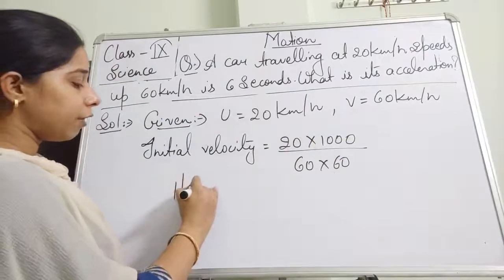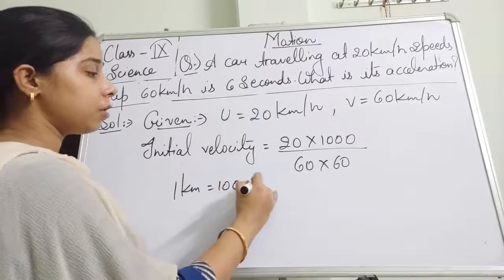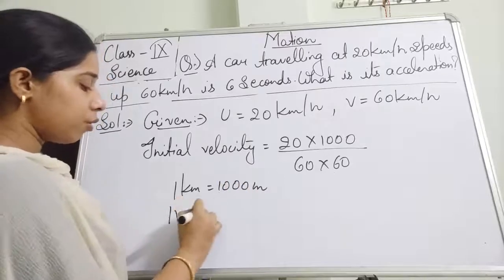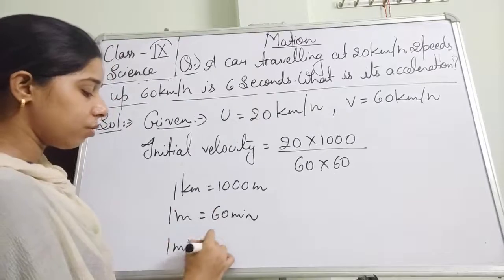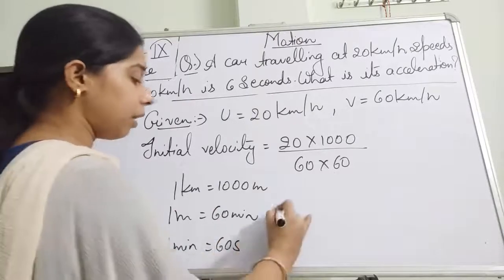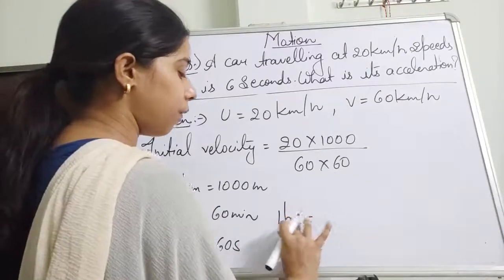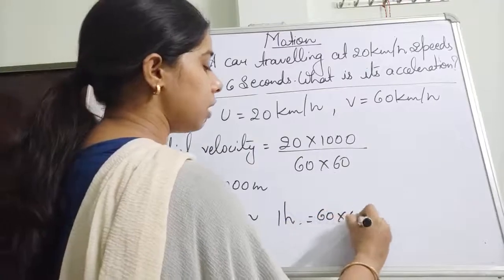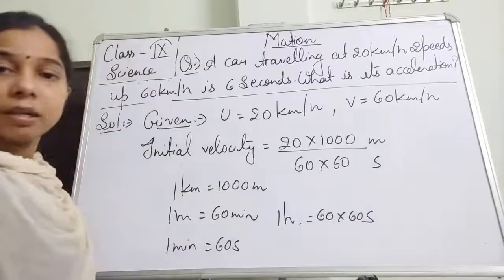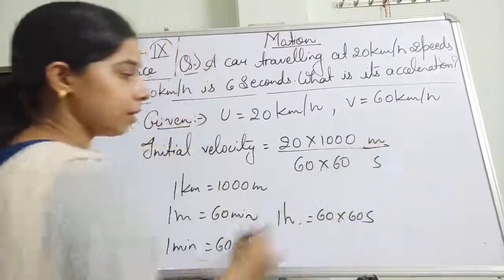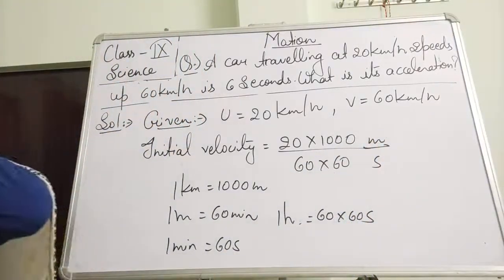Because we know that 1 kilometer is equal to 1000 meter, and 1 hour is equal to 60 minutes, and 1 minute is equal to 60 seconds. So ultimately 1 hour will be equal to 60 into 60 seconds. This is how we can convert it into meter per second. Right? Now see.